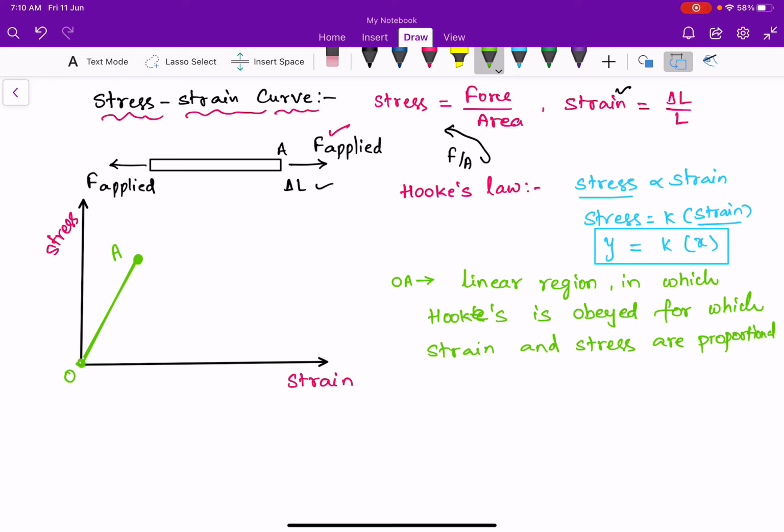Next, beyond point A, if we increase the stress further, for a small increase in stress, the strain will be more. The strain is taken on the x-axis.